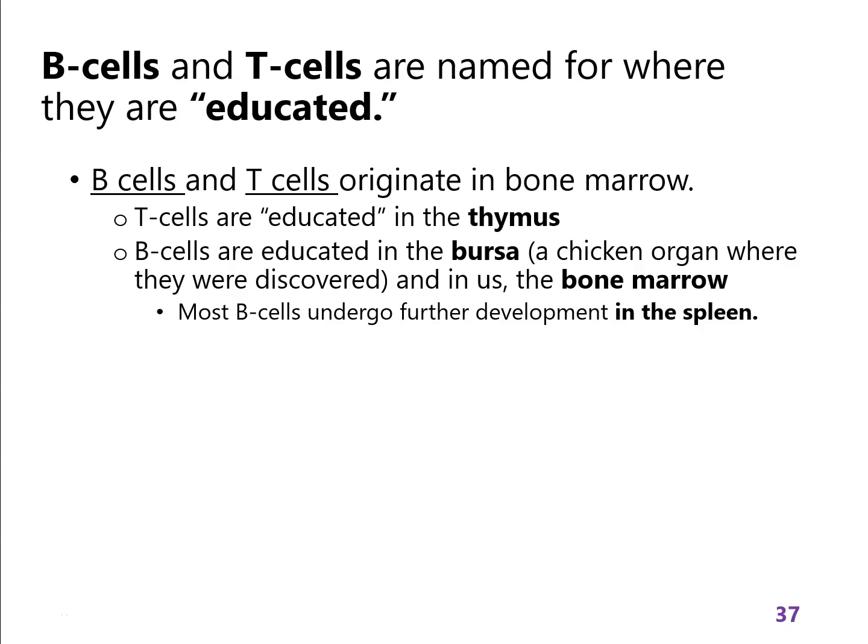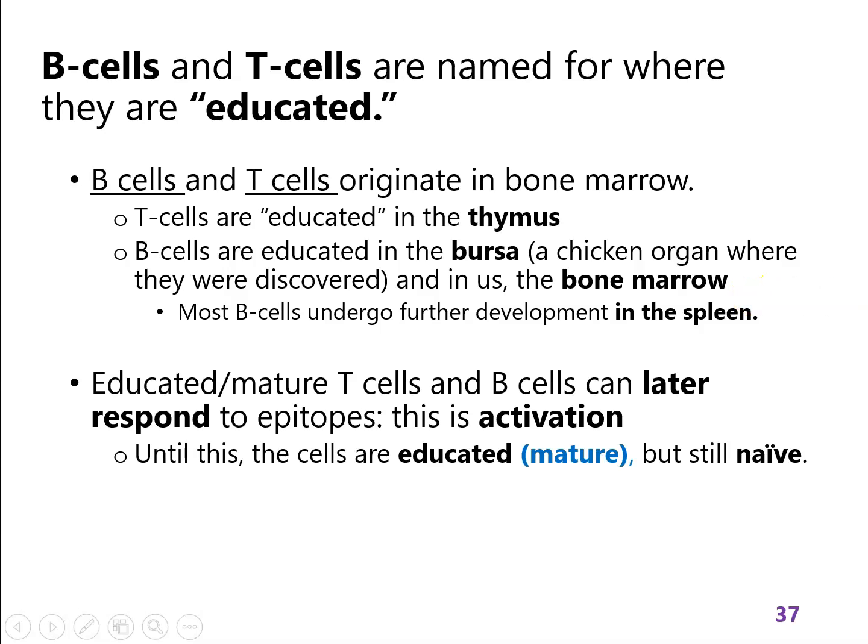I mean, we have bursae in our joints, but we don't have that specific bursa that a chicken has. So they're named after that, but it's handy that B cells are educated in us in our bone marrow. That's useful because bone marrow starts with B, just like bursa does. So B cells, we can remember, are educated in the bone marrow. And that's the main thing to remember.